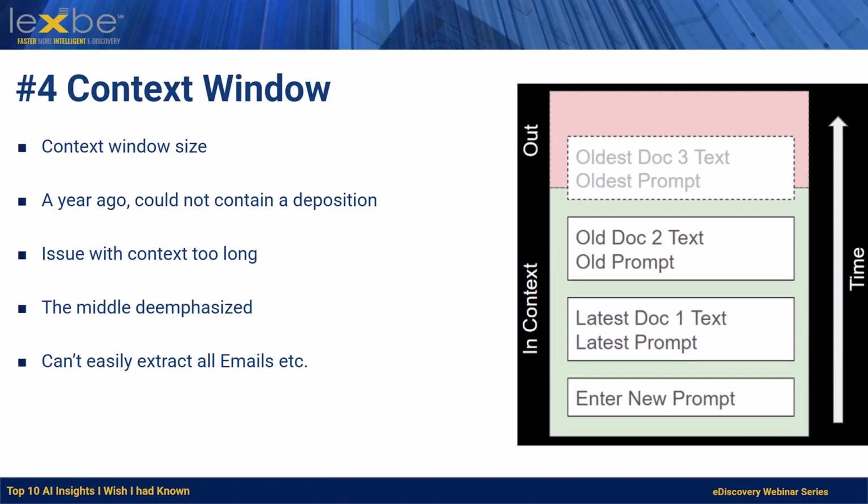And then another one is that the Gen AI models are really, really good at summarizing things, but they're not good at certain items, such as if you put in 100 documents into a prompt and then say, give me all the emails that are listed in these documents, chances are it will fail. It's very good at summarizing.